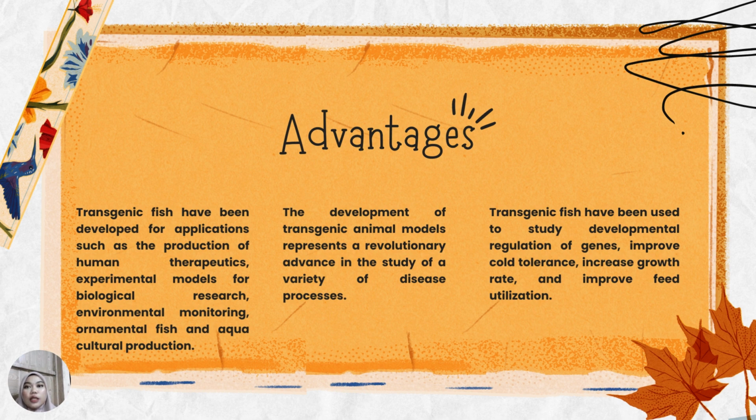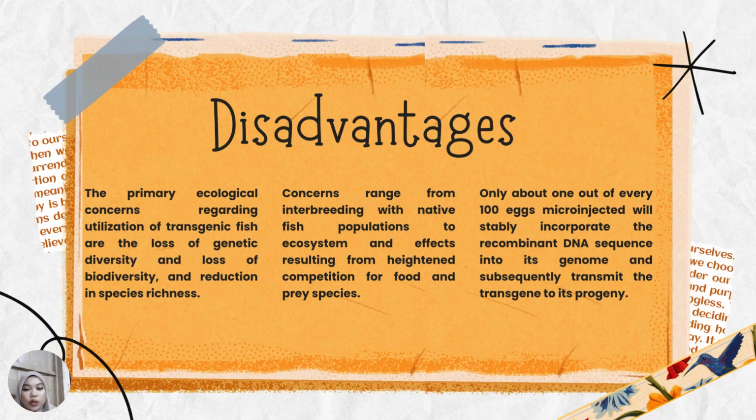Fish are recognized as test organisms with distinct and superior benefits in providing insights into disease processes. And the last one is that transgenic fish have been used to study developmental regulation of genes, improve cold tolerance, increase growth rates, and improve feed utilization.